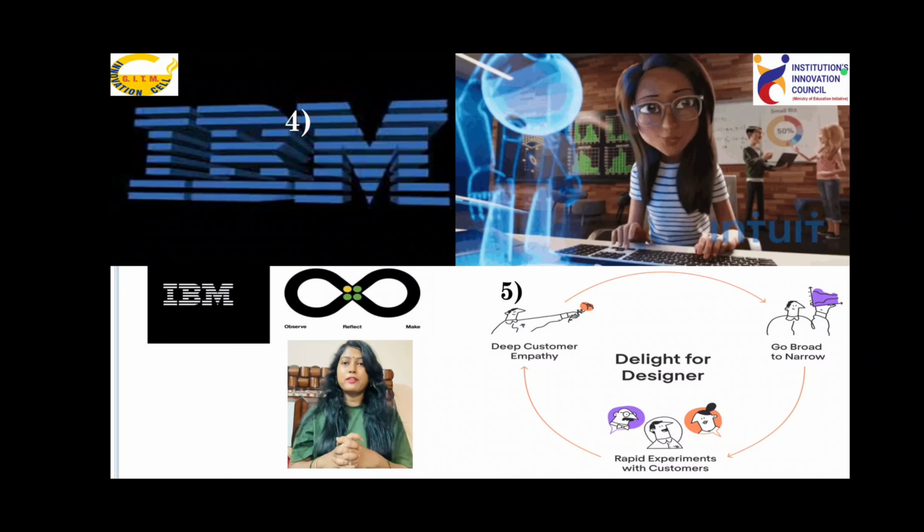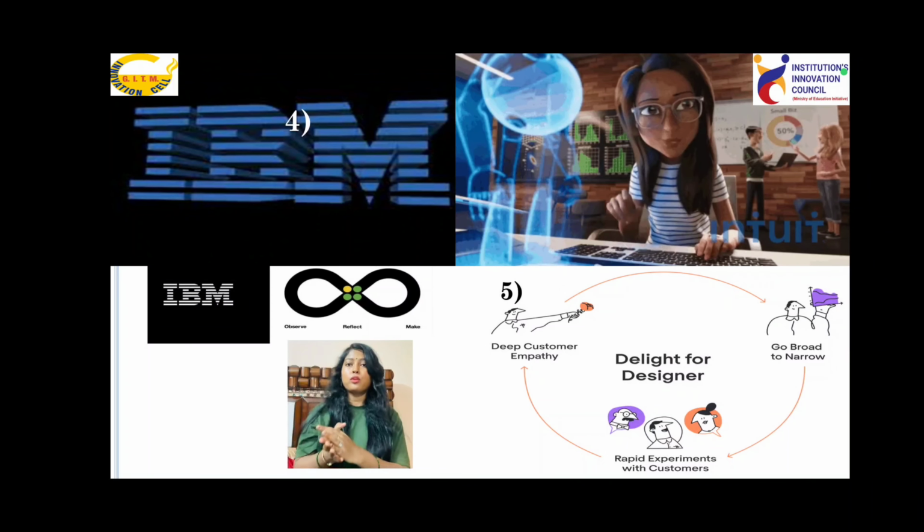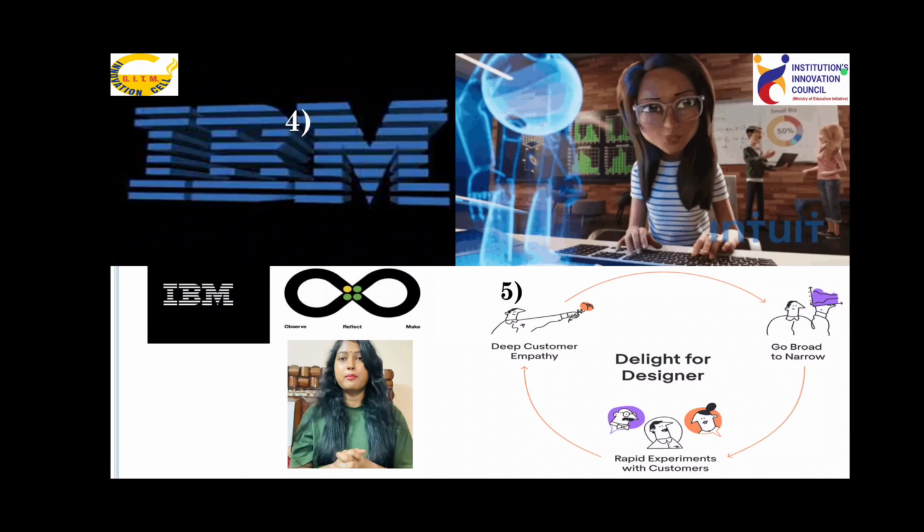In the previous slide you have seen three cases based on design thinking and innovation. Now you can come to the fourth and fifth case studies, IBM and Intuit. IBM and Intuit also use design thinking by first understanding customer needs, then brainstorming and testing ideas with users.